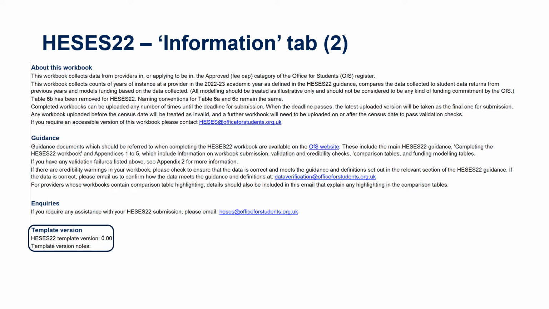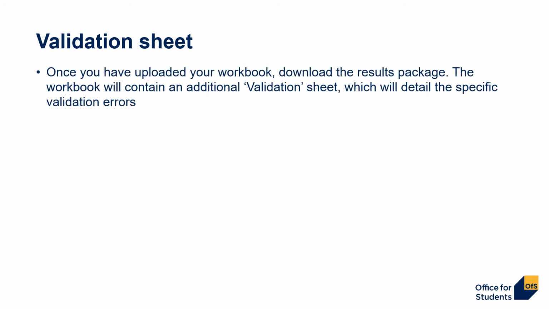Let's go back and focus on the validation checks that I mentioned a moment ago. You shouldn't be attempting to submit a workbook that has validation errors, but if validation errors are present in a submitted workbook, the results package workbook will have an extra sheet in it called validation, which will detail the specific problems.